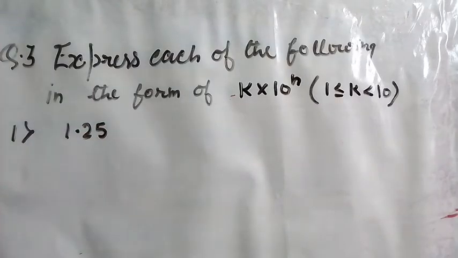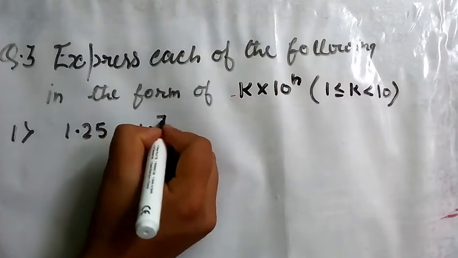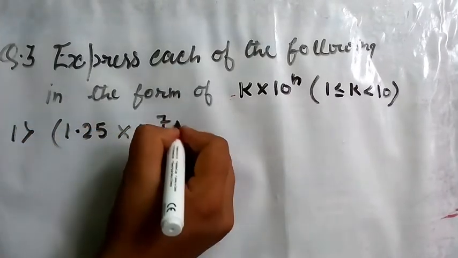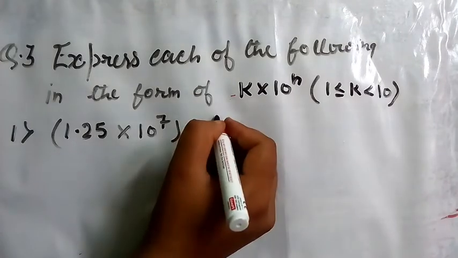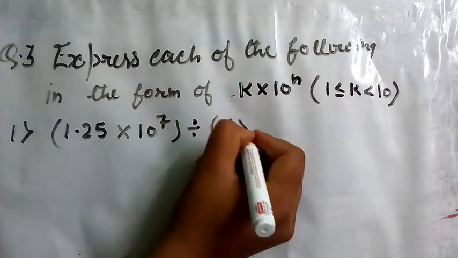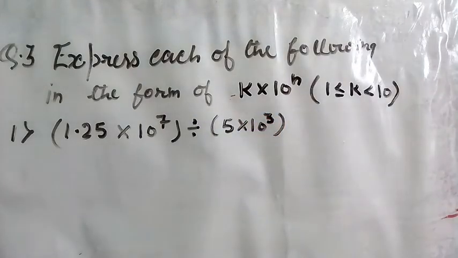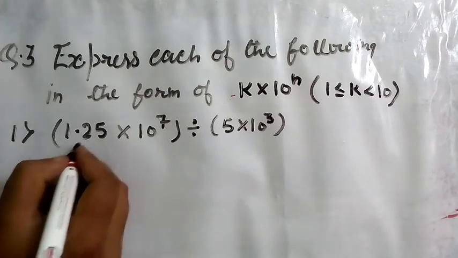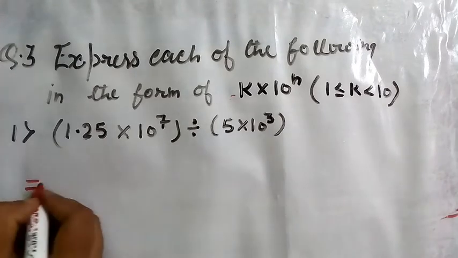1.25 multiplied by 10 raised to power 7 and whole divided by 5 into 10 raised to power 3. So first of all, let us write them in their usual form. Both the powers are positive, means both the decimal will go from left to right.